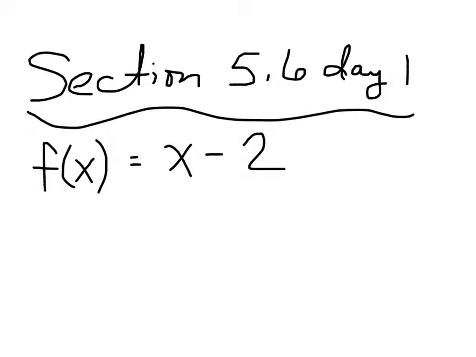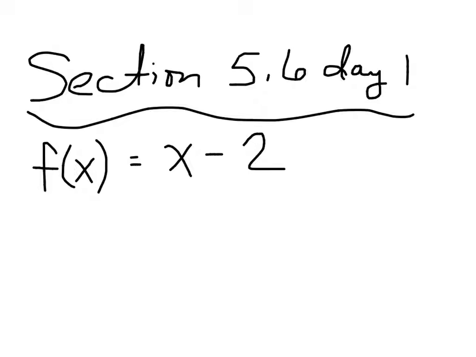The first thing I like to do is this: f of x is what they call function notation. That's a lot of letters involved. Some people were asking me the other day, what's the x for? The x has nothing to do with the problem other than telling you what variable we're using. If I would have said f of m, then there would have been an m in the problem. So that x is just telling you I'm using the letter x.